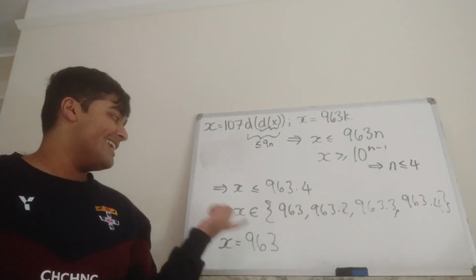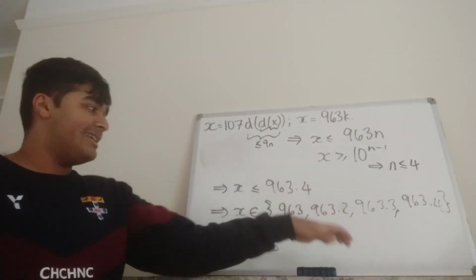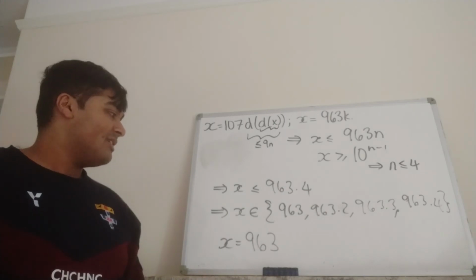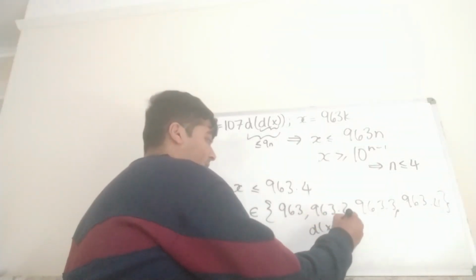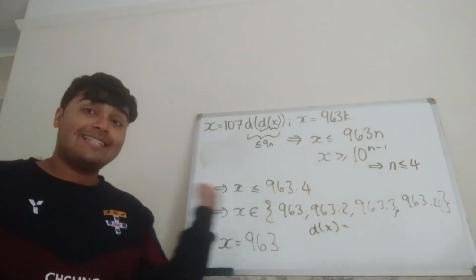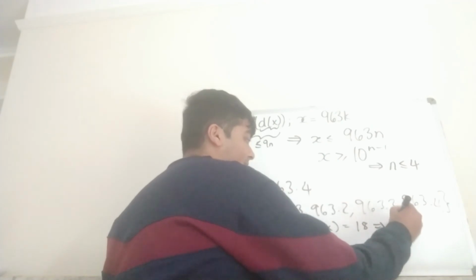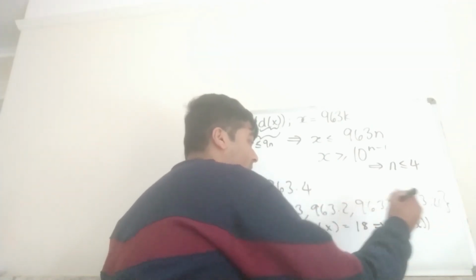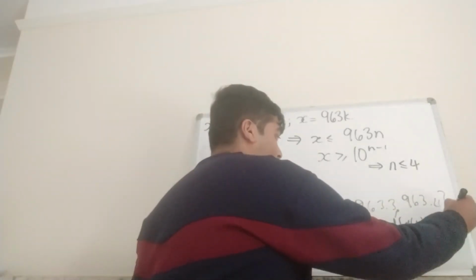But if you look at the case where x equals 963, you actually get this equation to be true. Let's just quickly check that. If x equals 963, then what is the digit sum of x? Well, that is 9 plus 6 plus 3, which is 18. So the digit sum of the digit sum of x is the digit sum of 18, which is 1 plus 8, which is 9.